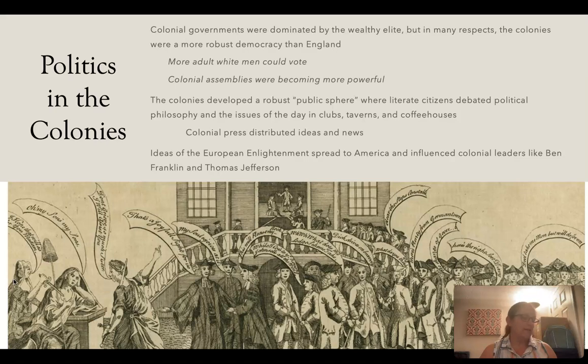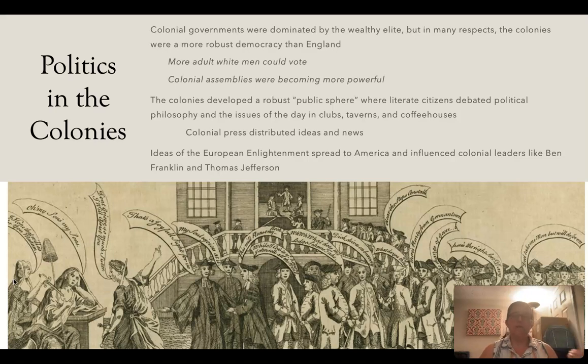A lot of the ideas that were spreading throughout the colonies had their root in the European Enlightenment. This was a philosophical movement that began in France and had spread to England, and Enlightenment thinkers sought to apply the principles of the scientific revolution, the scientific method, research, experimentation.